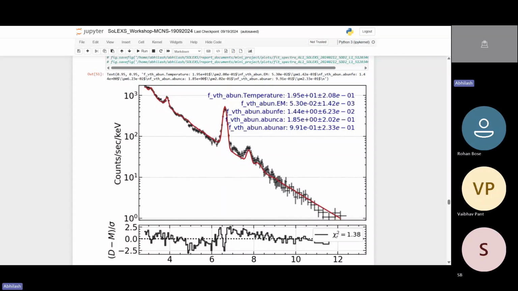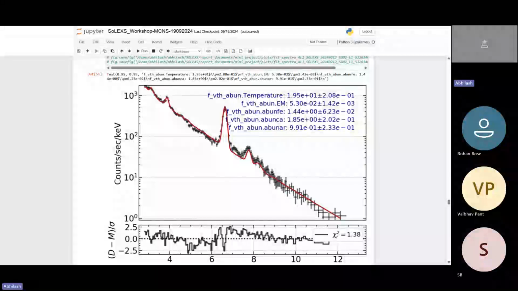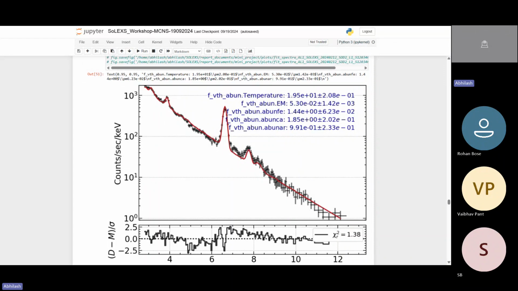You have the abundance of Fe, which is 1.44. So what is the unit of this 1.44? We measure the abundances in units of the fixed photospheric abundances. Photospheric abundances do not change during flares; they are mostly constant. But coronal abundances of all the elements change during the flare because of all the dynamics that is happening.